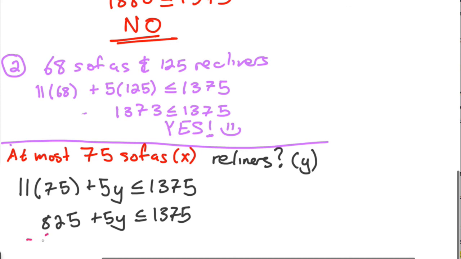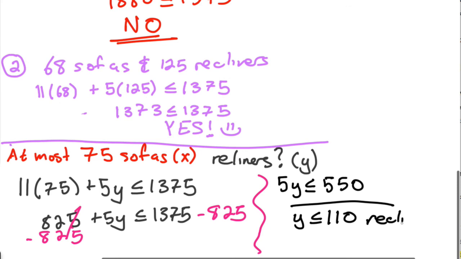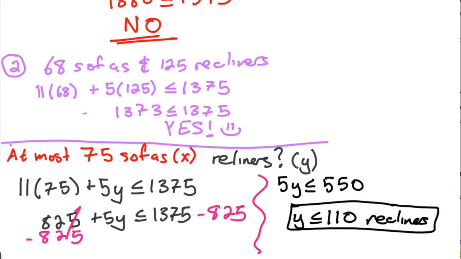If I subtract 825 from both sides, I end up with, let me write it over here, I'm running out of space, 5y is less than or equal to 550. And then if I divide both sides by 5, I end up with y has to be less than or equal to 110. So that's 110 recliners. That's how many I could ship if I had to ship 75 sofas.